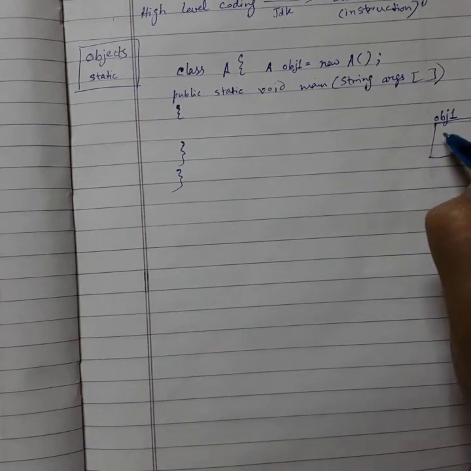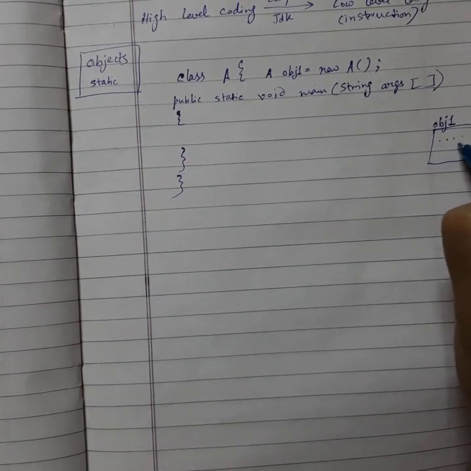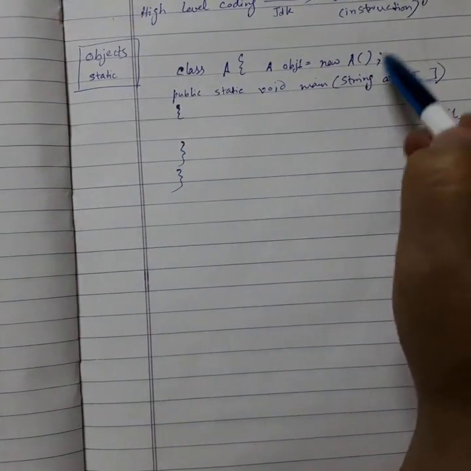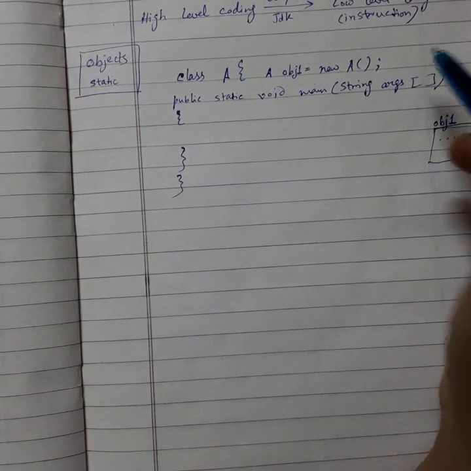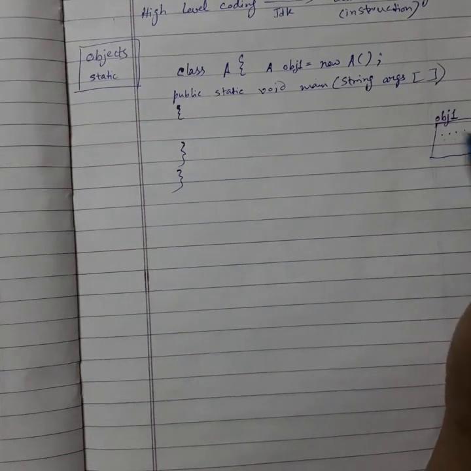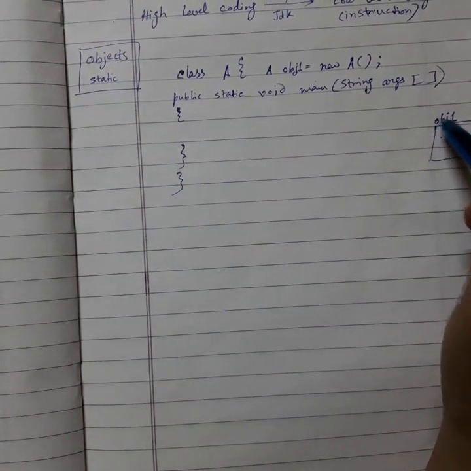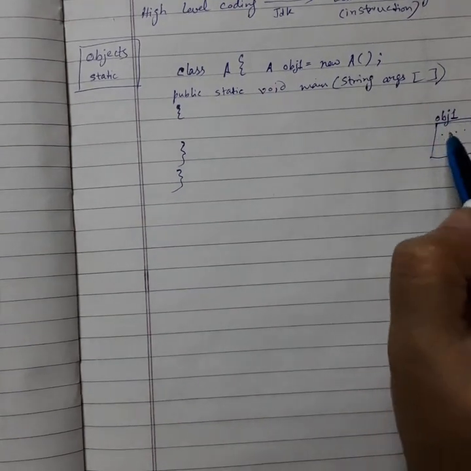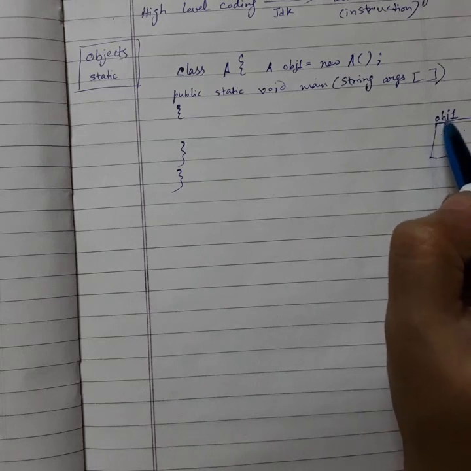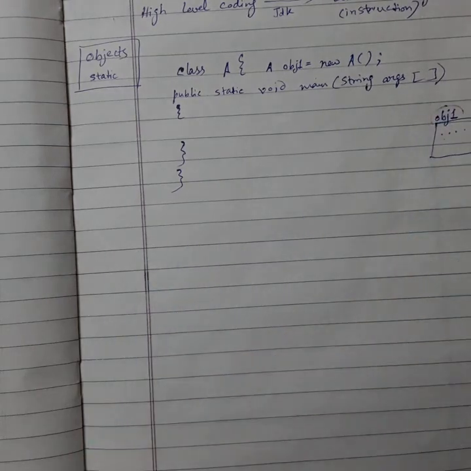So we can store data here, values here. As we create variables and data, those will be assigned here. We can access those data with this obj1 object. So we access data and variables through obj1 object of the class A.